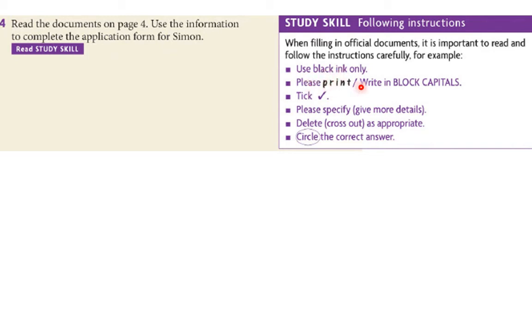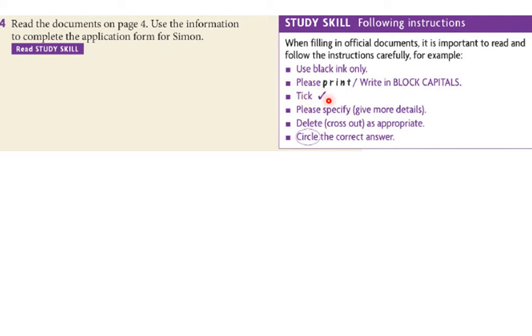Please print or write in block capitals. He means that all letters should be written in capital letters. This is because sometimes when people use small letters, the letters will not be clear for the reader. So it is preferred to use capital letters.